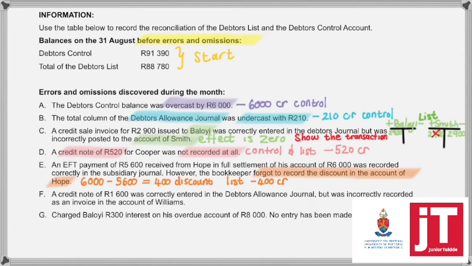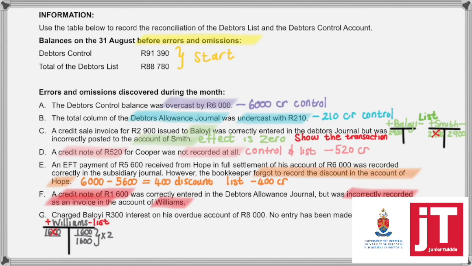Number F, a credit note of 1,600 Rand was correctly entered in the debtor's allowance journal, but was incorrectly recorded as an invoice in the account of Williams. So yet again, the list is wrong because the journal is fine, therefore the control account is fine. But in his account, we plussed instead of minus.